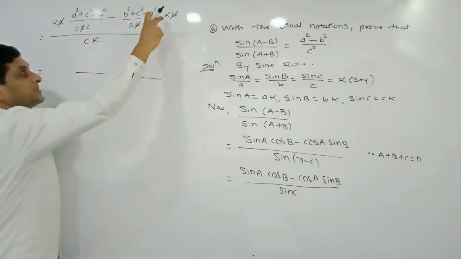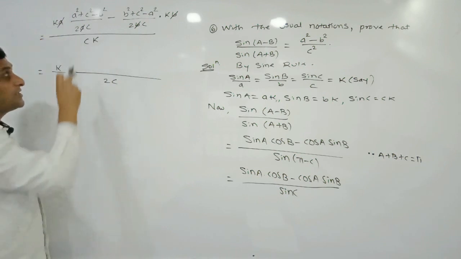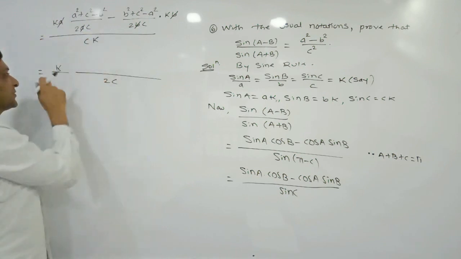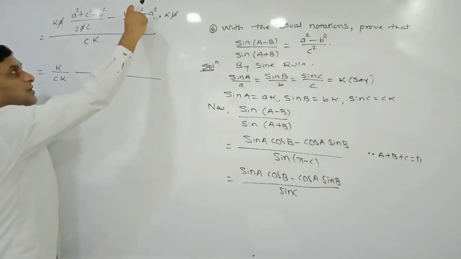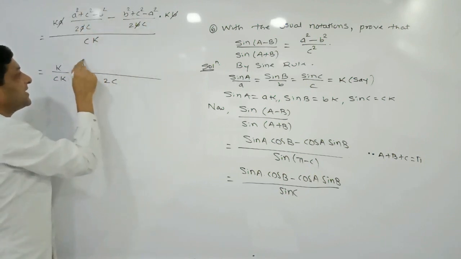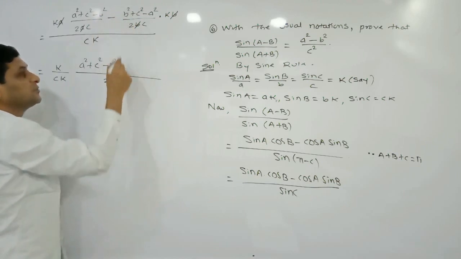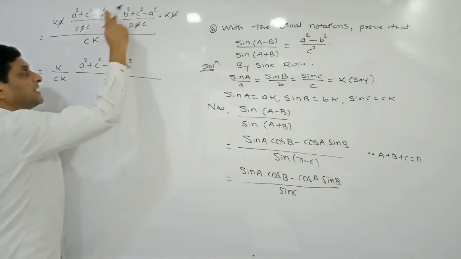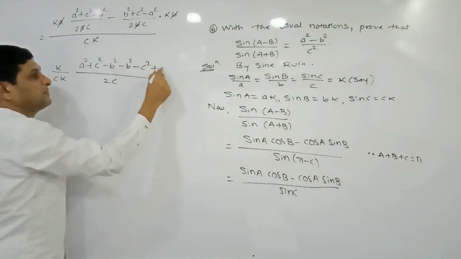We can also observe that k and k can be taken common from both terms. The denominator here is ck, so keep this ck as it is. Now we take the subtraction of these two terms since the denominators are the same. So here we get a square plus c square minus b square. Minus into b square is minus b square, minus into c square is minus c square, and minus into minus becomes plus a square.